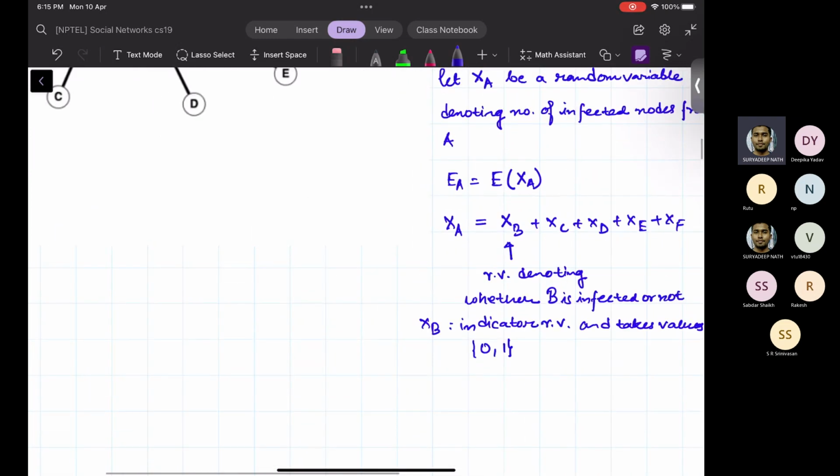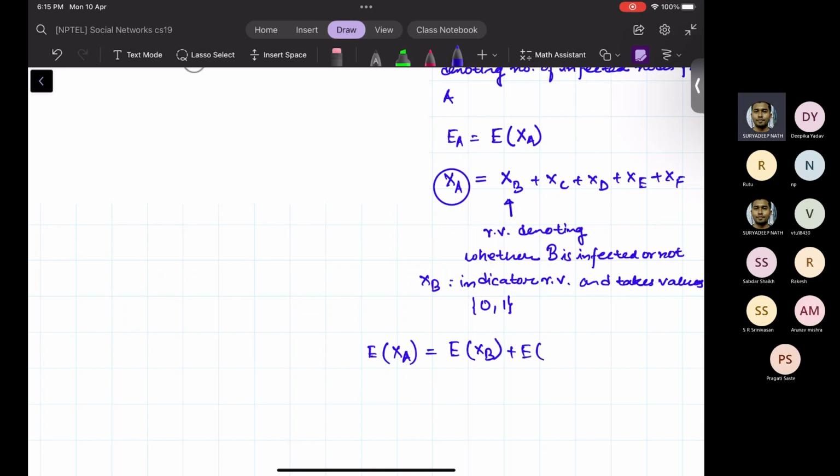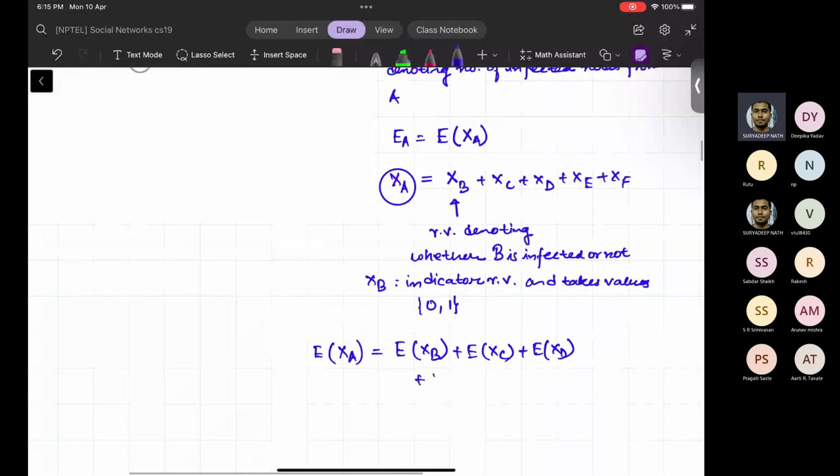So to find the expectation of XA, by linearity of the expectation operator, we can write E of XA is basically E of XB plus E of XC plus E of XD plus E of XE and E of XF.